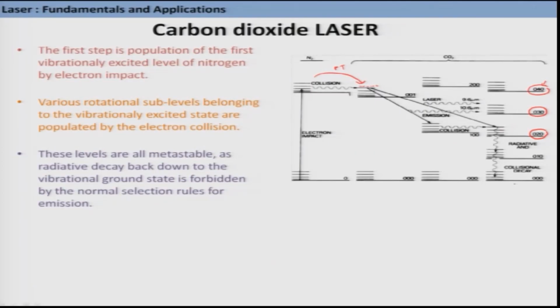These low lying energy states, like here or here, undergo very rapid relaxation ultimately to the ground state. Thereby you can achieve sufficient population inversion, and hence you can get the laser action.